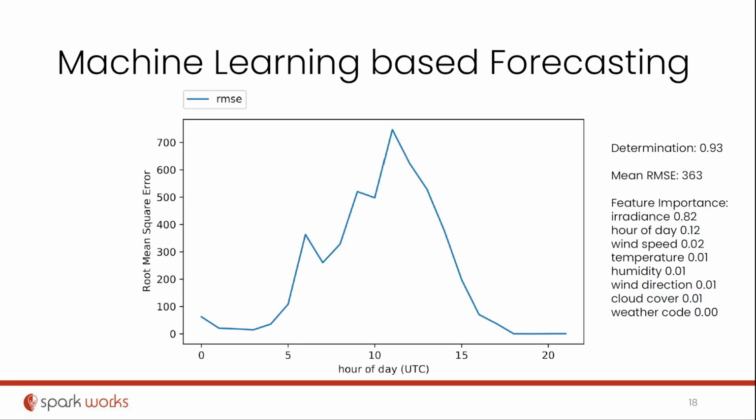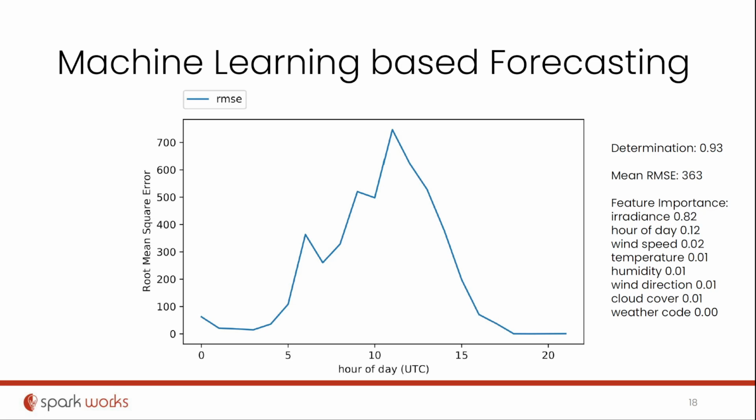And we can see that this machine learning model has a much lower average root mean square error of around 360. And in this model, the part that has the most effect in the prediction is irradiance, as expected, and the time of day of the forecast.